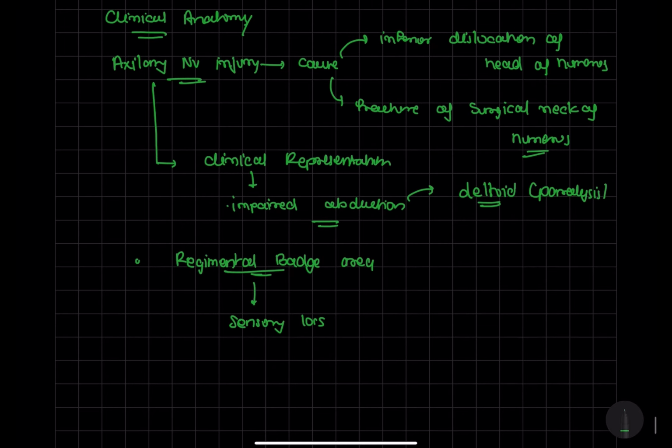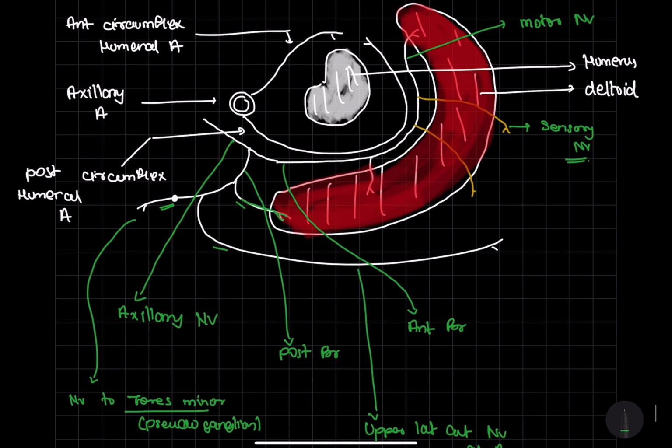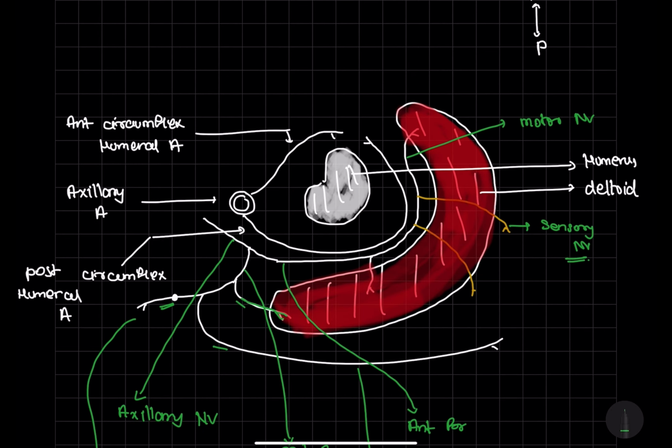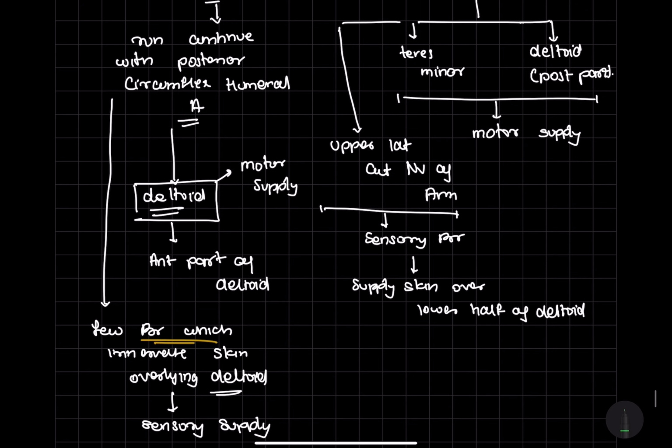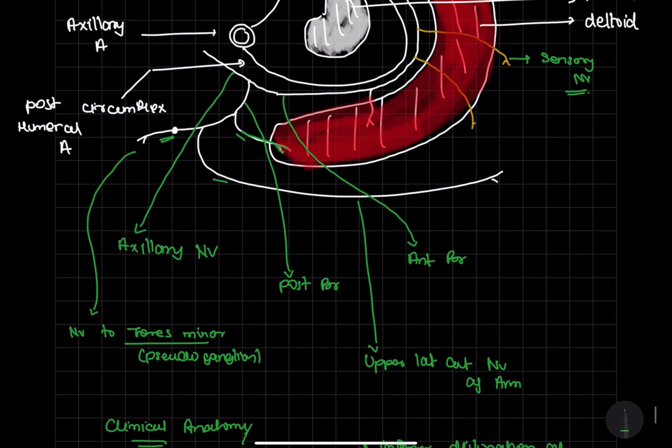As I told you, the axillary nerve not only has motor innervation, but it also has sensory innervation. Where? Let's go back. It has sensory innervation over the lower half of the deltoid.